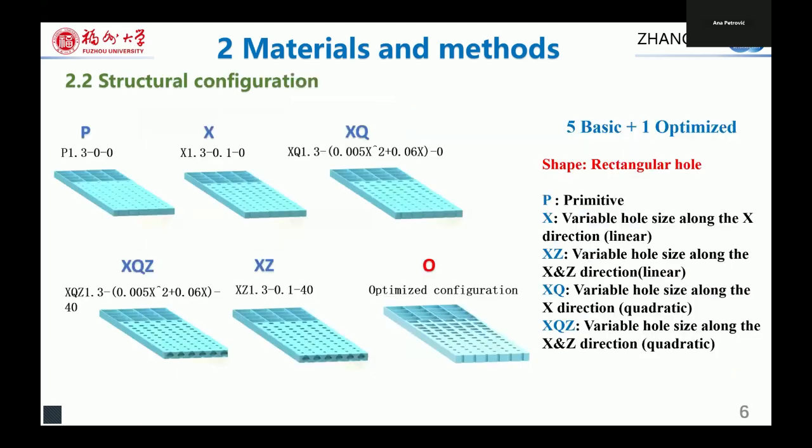First of all, we designed 5 basic configurations and 1 optimized configuration by changing the hole size along the x direction and both in x and z directions, following a linear or quadratic pattern.